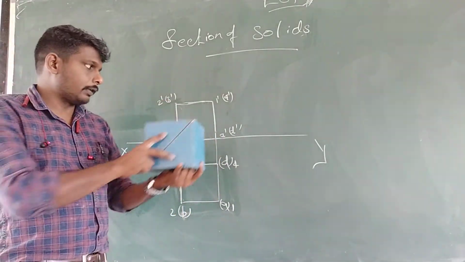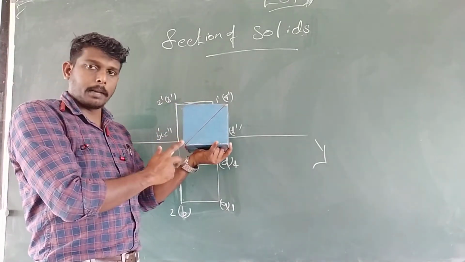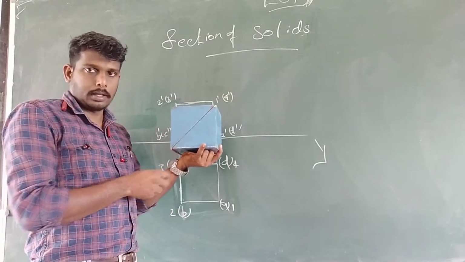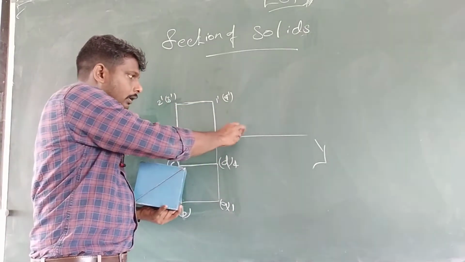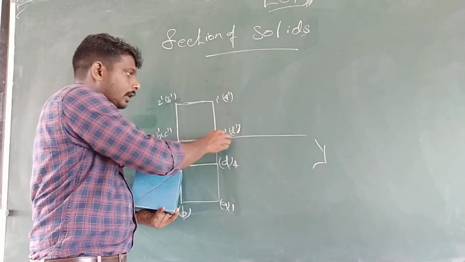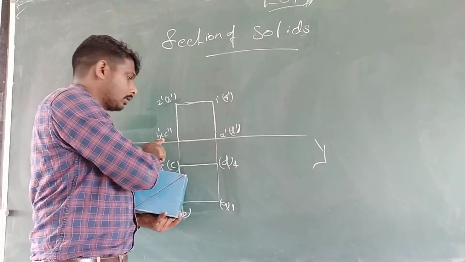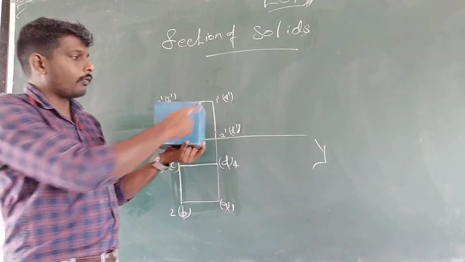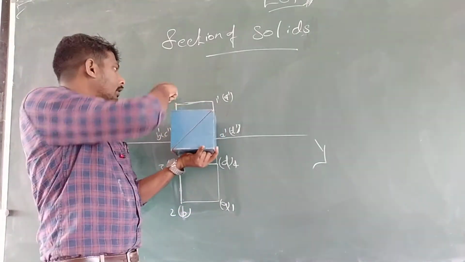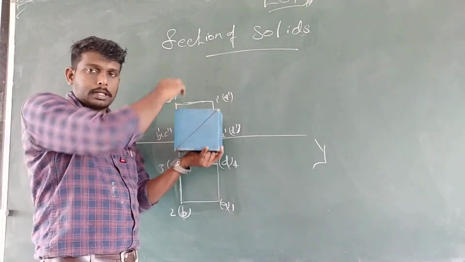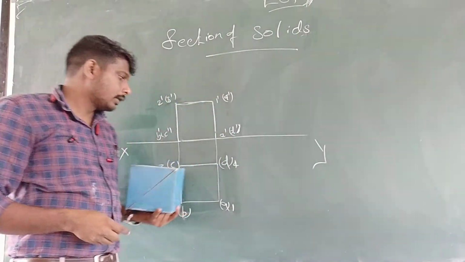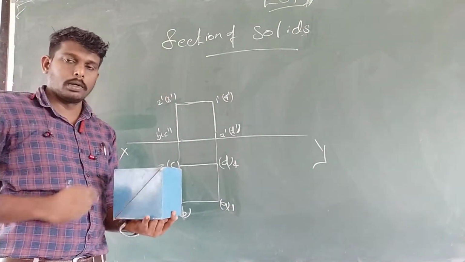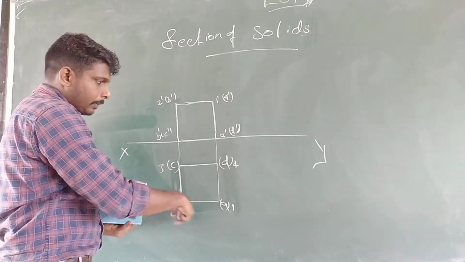Then in front view, A dash and B dash are visible and C dash and D dash are hidden, so I write C dash and D dash in brackets. The same way 1 dash and 2 dash are visible, and 3 and 4 are in brackets because they are hidden coordinates. In top view, 1, 2, 3, 4 are visible and A, B, C, D are hidden.